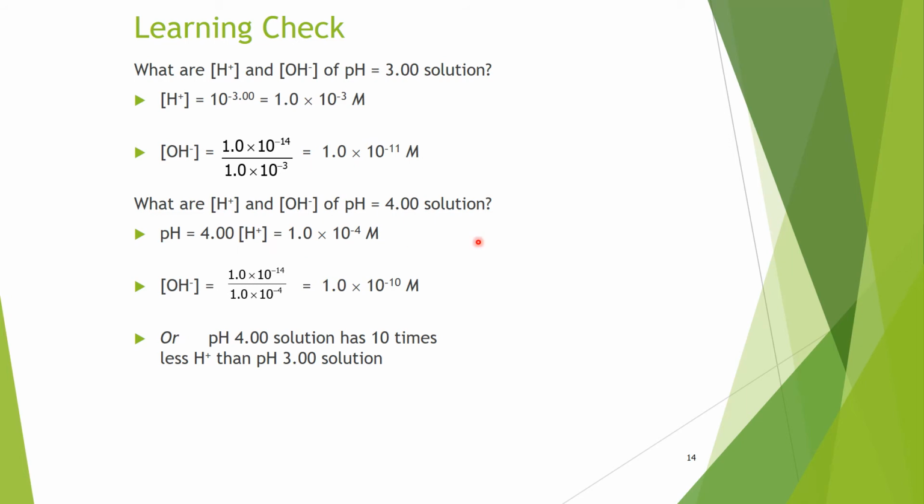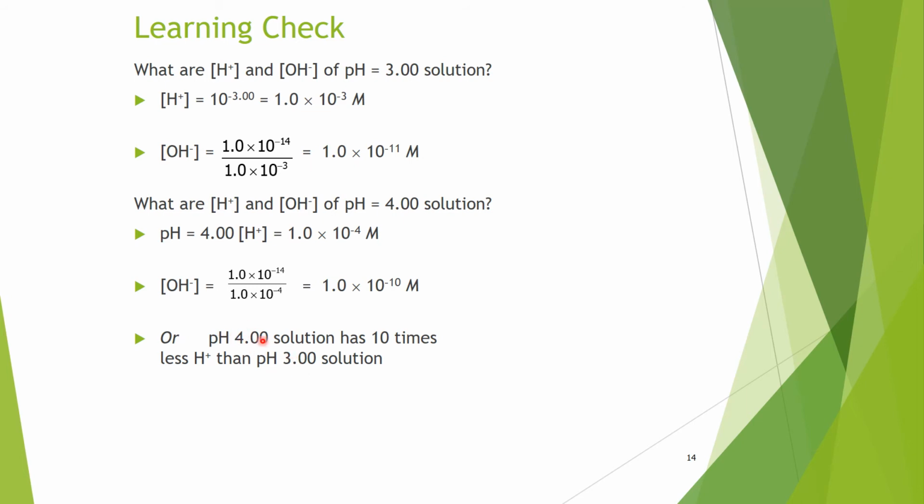Then we do the same thing here. Figure out the H plus, so it's going to be 10 to the minus 4, and you solve for OH minus. Another thing to notice here is that when comparing pH 4 versus pH 3, the difference is a factor of 10, not 1, because these numbers represent exponents.